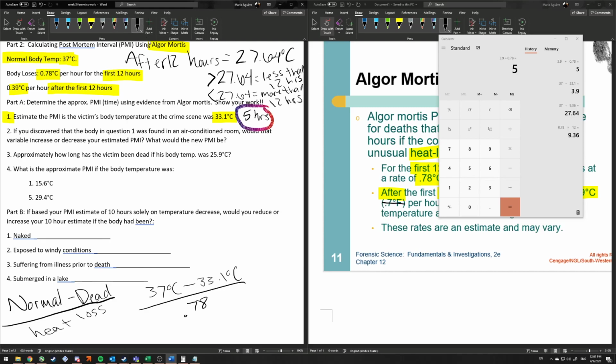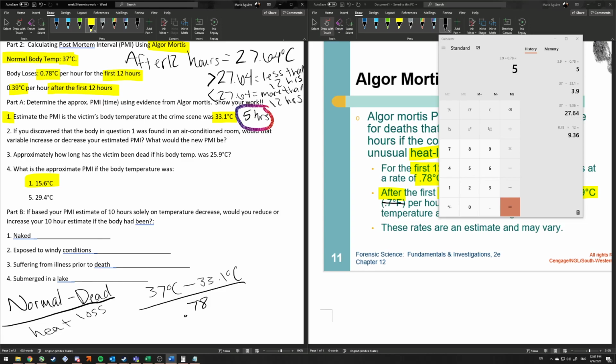Next, well, what if it's more than 12, mister? Like, how do I know what's going on? So, it's pretty simple. Well, maybe it's not that simple, but that's why I'm making this video. Let's look at this example right here. What is the approximate PMI if the body temperature was 15.6 degrees Celsius? So this one can be a little bit tricky, right? But all we need is this key that we made over here.